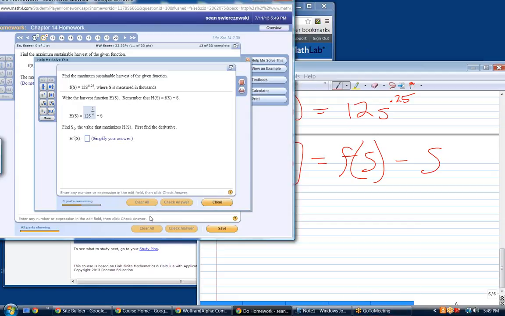So our derivative was 3s to the negative 3/4 minus 1.